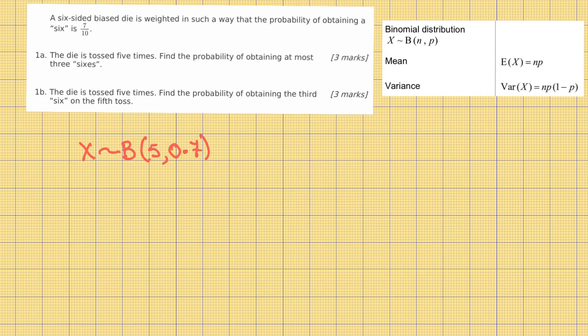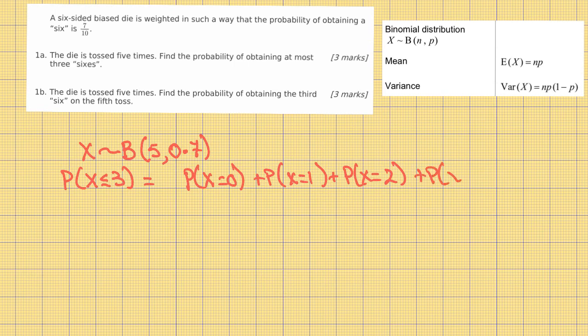In part A, we want to find the probability of obtaining at most 3 sixes. So we want the probability that x is less than or equal to 3. So that is the probability that x is equal to 0 plus the probability that x is equal to 1 plus the probability that x is equal to 2 plus the probability that x is equal to 3.